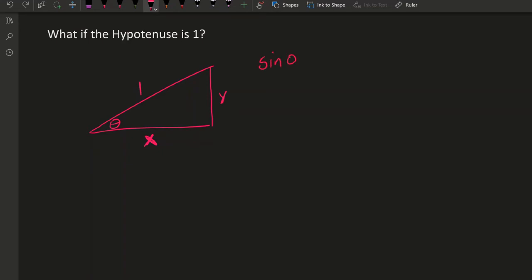The sine of theta is equal to the opposite over the hypotenuse, which would be y over 1. The cosine of theta is equal to the adjacent over the hypotenuse, which would be x over 1. And then the tangent of theta would equal opposite over adjacent, so that would be y over x.